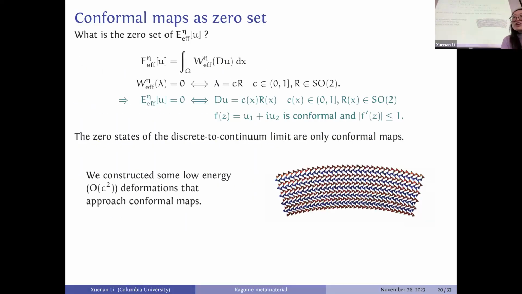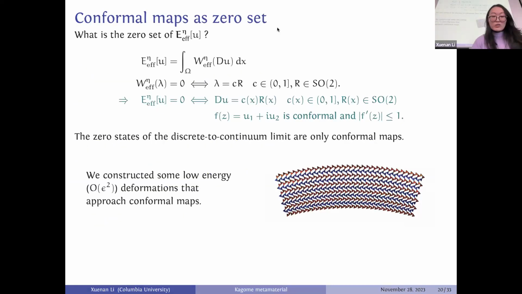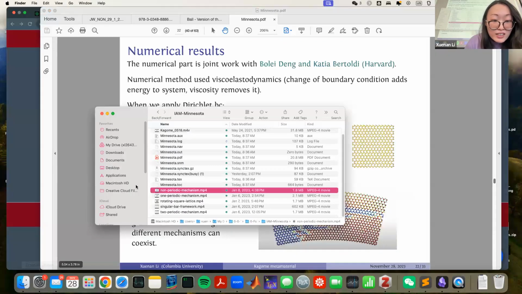So this is something numerics found, and this is something I constructed. They're not exactly the same. They are very, very different. I can show you the video of that one. It's very, very interesting to see.